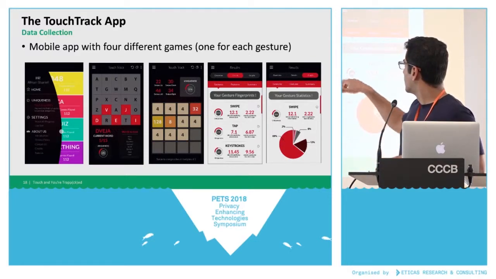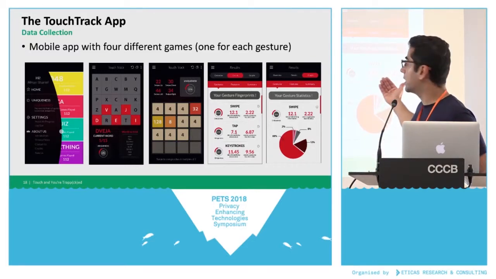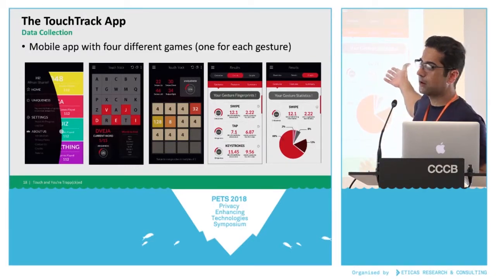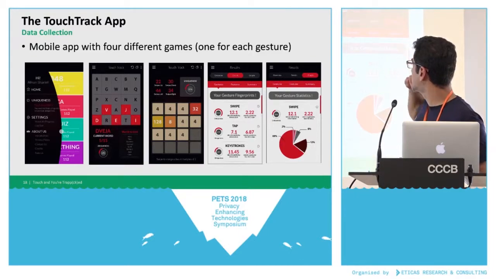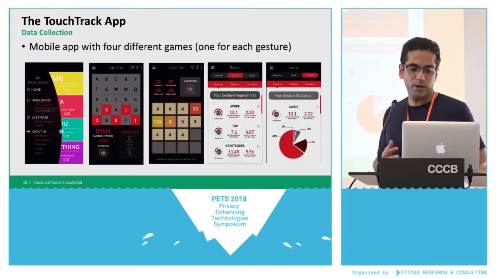So with these different apps, when the user uses them, we can then display the result of uniqueness. So this one here shows the uniqueness of swipes, taps, and also at the end we have a more detailed result for that user to see how unique their gestures are.